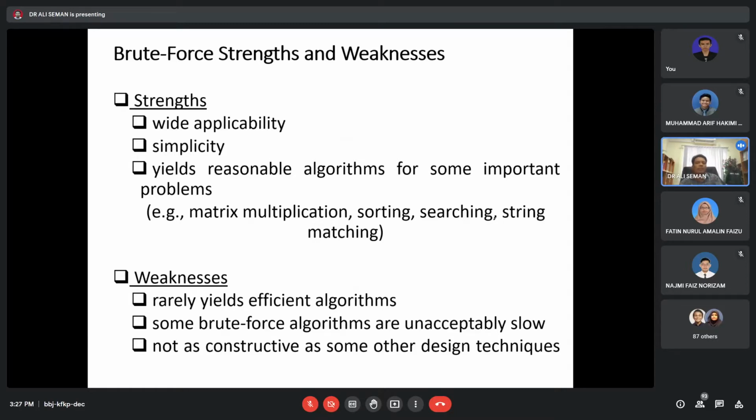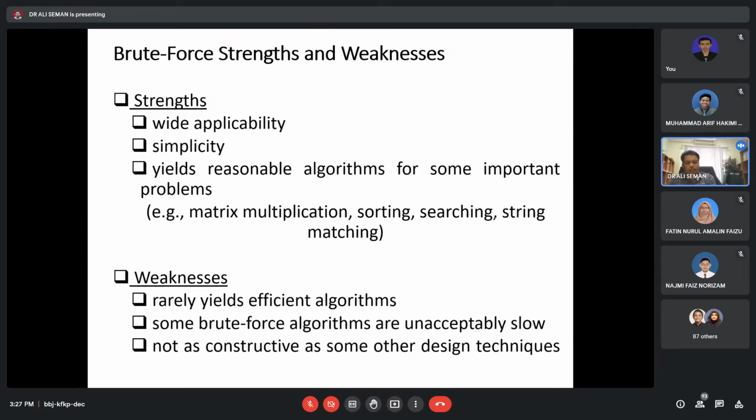However, the weakness of brute force is that it rarely yields efficient algorithms, because most brute force problems yield inefficient algorithms, n squared or above. Because we try to solve it straightforwardly, we need to go through the process one by one, so it is inefficient in terms of complexity.